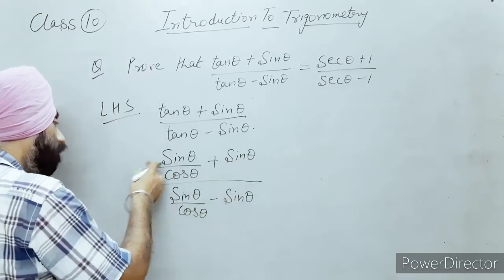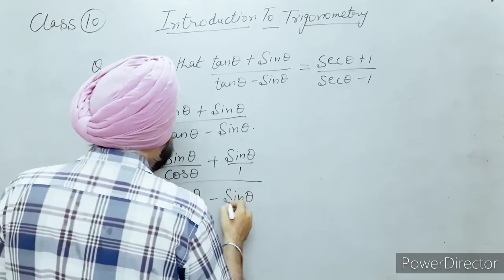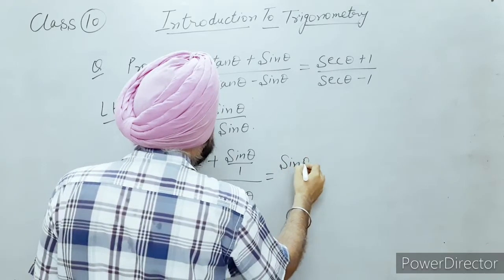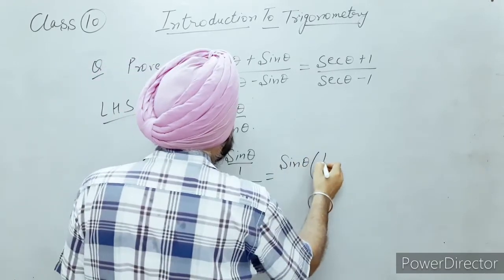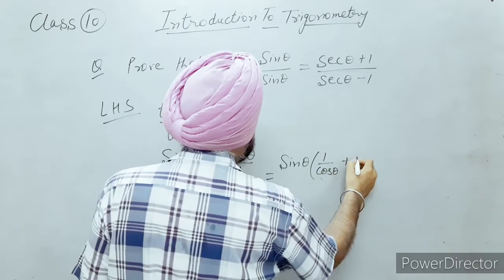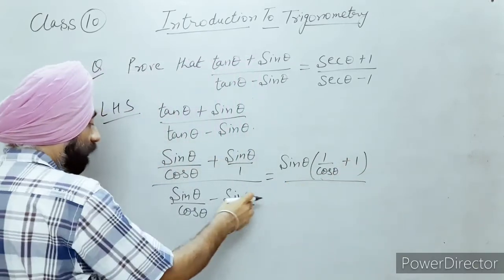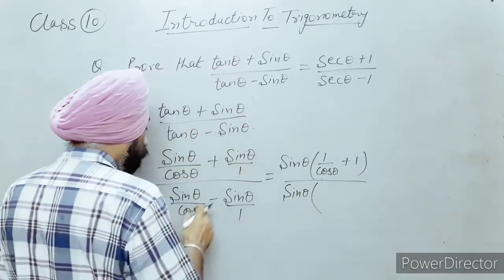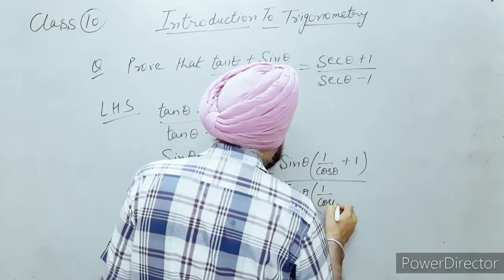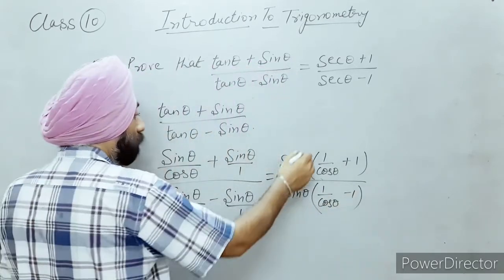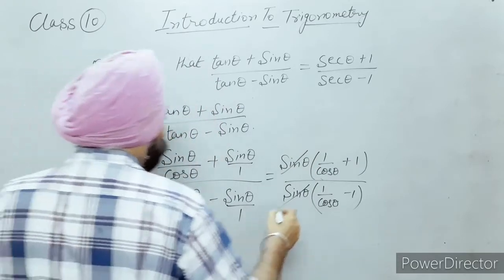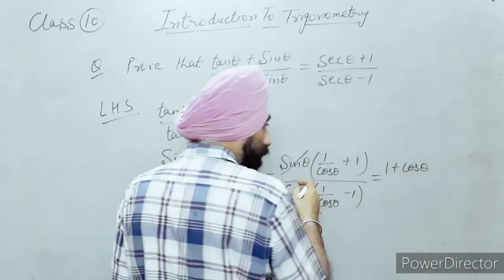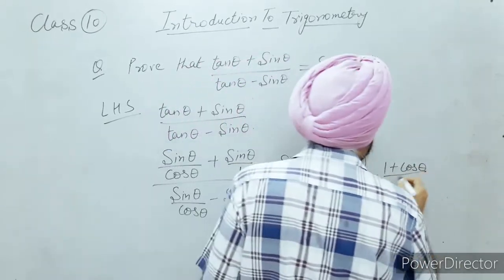Now we can take sin theta common from the numerator. I am left with 1 upon cos plus 1. Again take sin from the denominator. I get 1 by cos minus 1. This cancels. Now it is 1 plus cos theta upon cos theta, 1 minus cos theta.